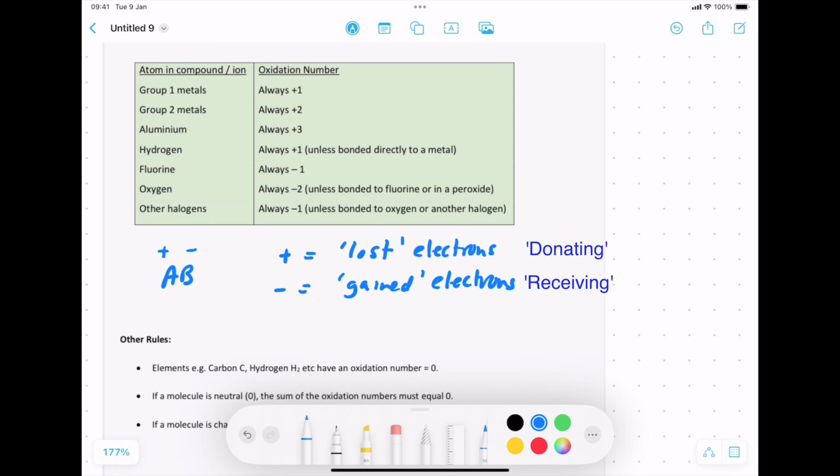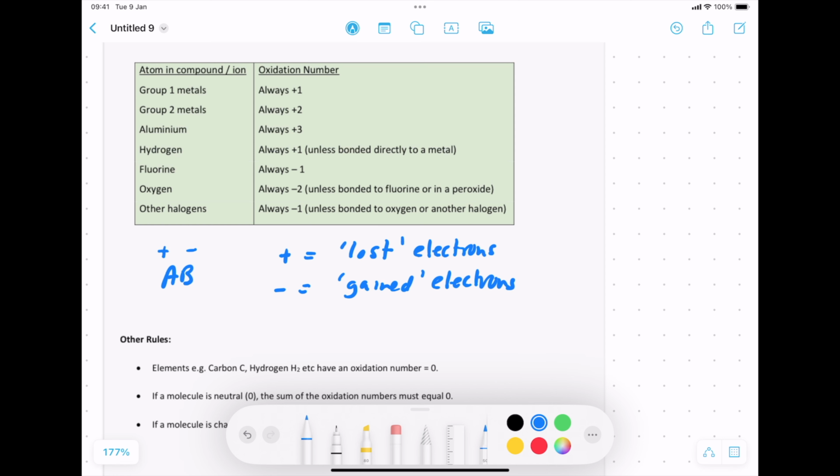Lost could be as in an ionic compound where the metal transfers an electron to a non-metal, or lost in the sense of a covalent compound where that electron is shared with the other element in order to complete the outer shell. But plus means sort of giving away an electron, and negative means gaining an electron.